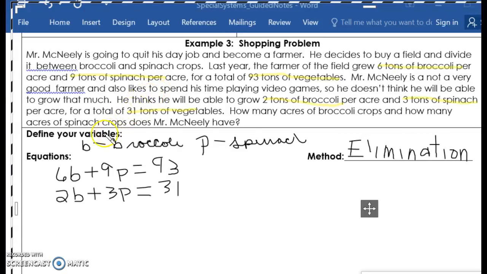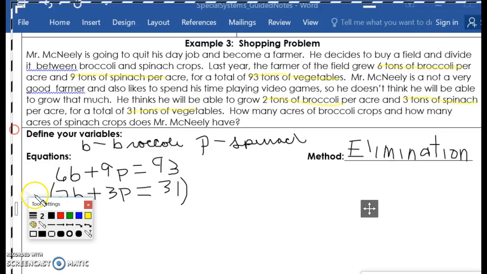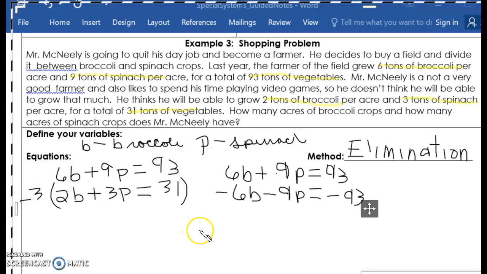If we multiply our second equation through by -3, we'll get -6b, and our b's will cancel. So multiplying through by -3 gives us -6b minus 9p equals -93.